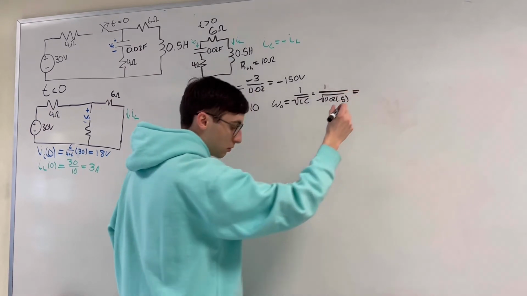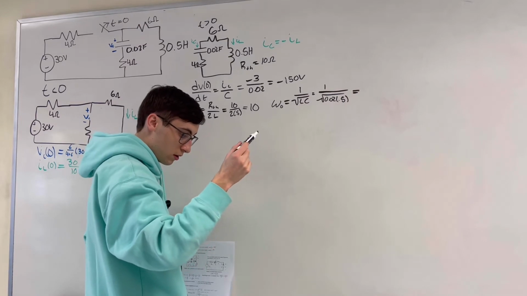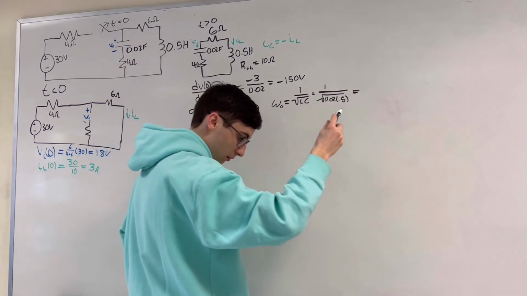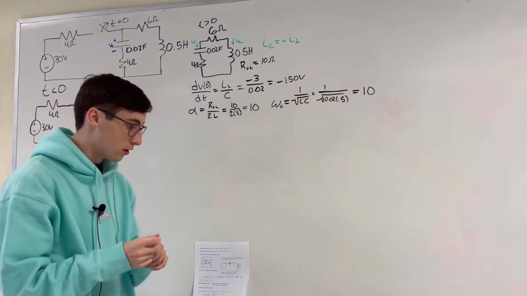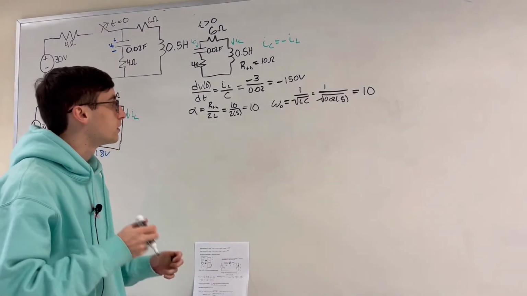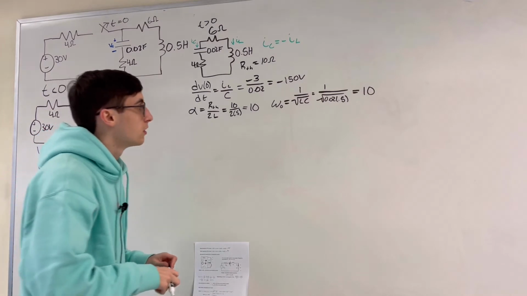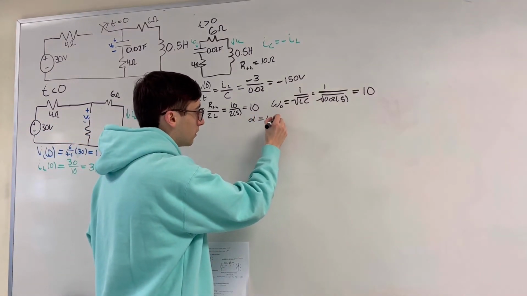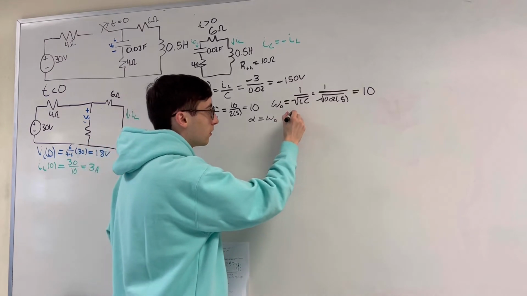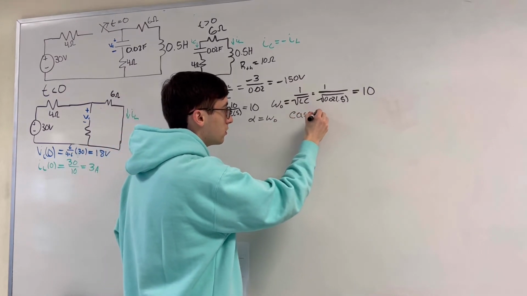So this is equal to 10. Now that we know that our alpha and omega naught are both equal to 10, that means they're equal. So alpha is equal to omega naught. That means that we are in case 2.